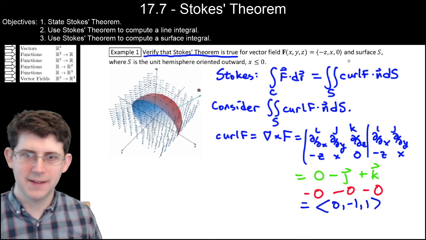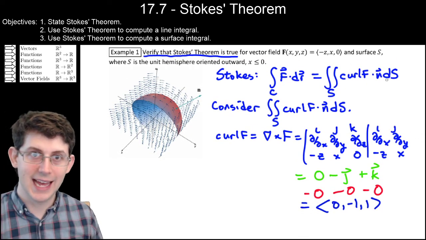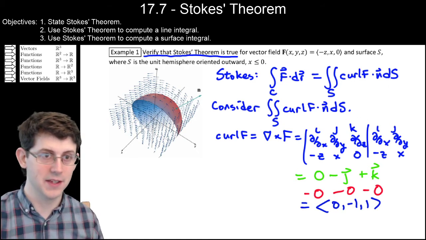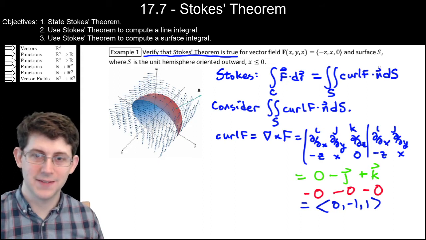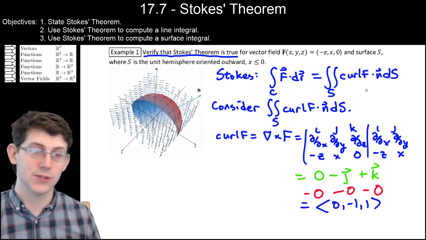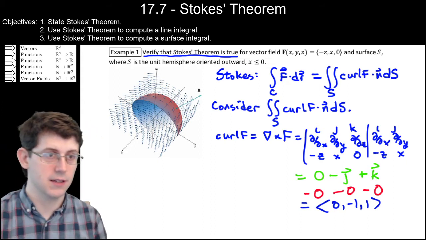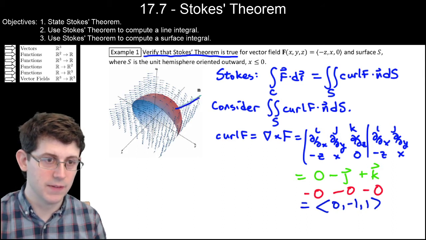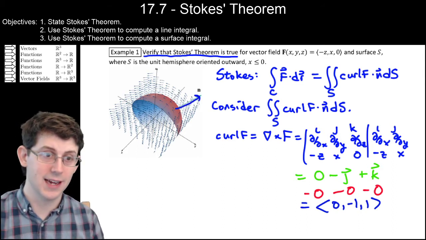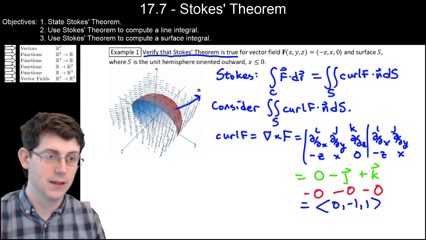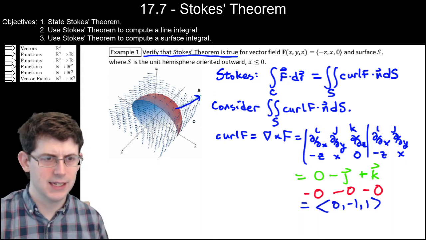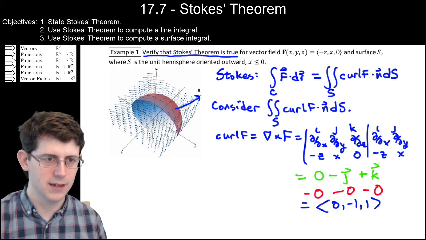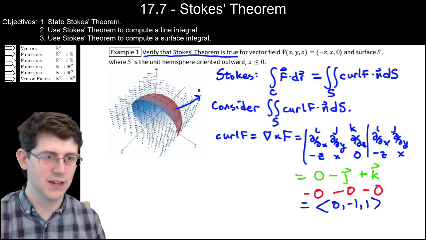Okay, now what will we have to do? Well, the hard part, of course, is finding what n is, our normal vector that's consistent with whatever direction we're going around this curve. So now we have to actually deal with the surface and the curve, which is usually the hard part. This surface is the unit hemisphere. It's oriented outward. You can see this normal vector pointing out. So when we get our normal vector n, we just have to make sure that we pick the right one. It doesn't seem to tell us which way the curve is going, so I guess we'll have to use this orientation to figure that out.